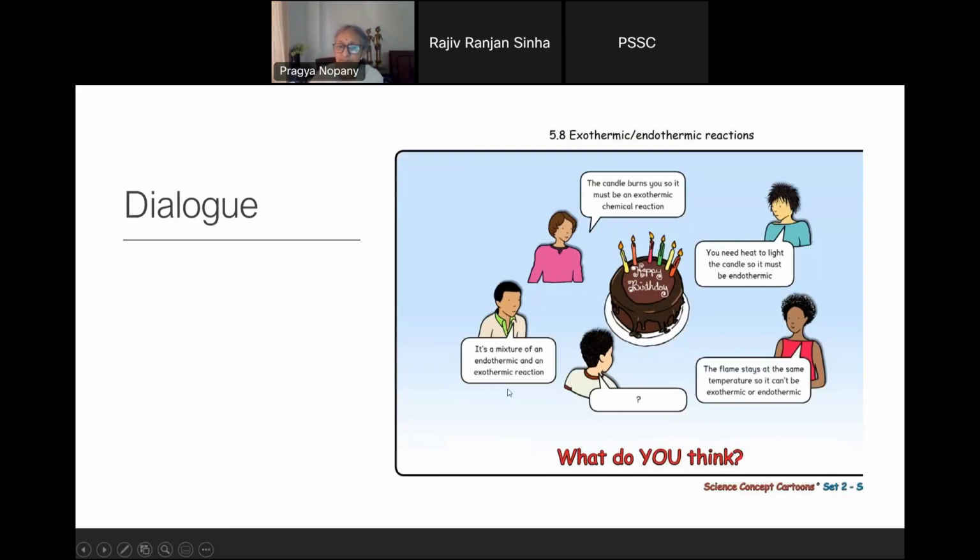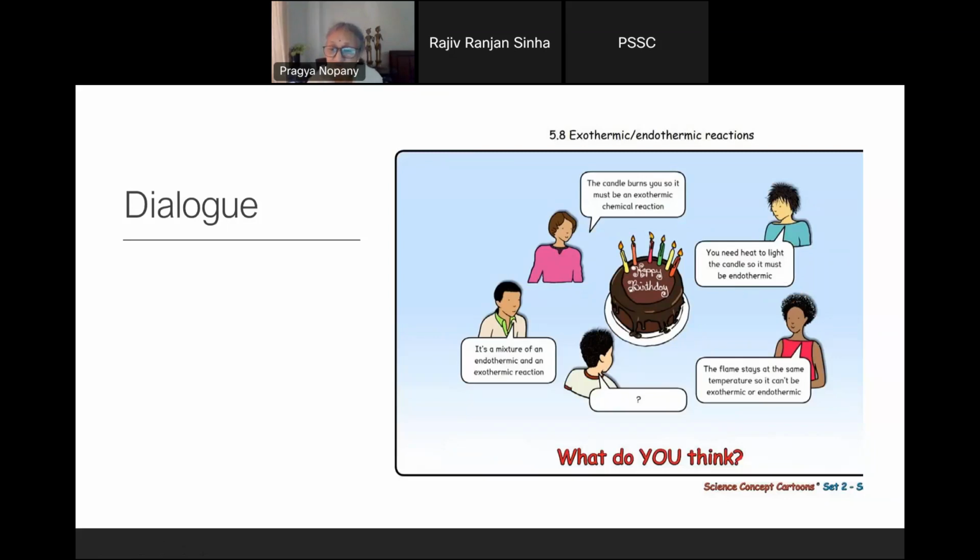One person says it's a mixture of an endothermic and an exothermic reaction. This girl in pink says the candle burns, so it must be an exothermic chemical reaction. Then another person says you need heat to light the candle, so it must be endothermic. Now, this girl says the flame stays at the same temperature, so it can't be exothermic or endothermic.